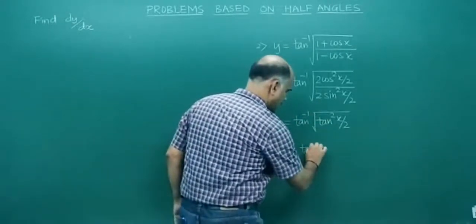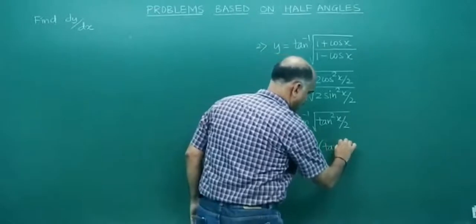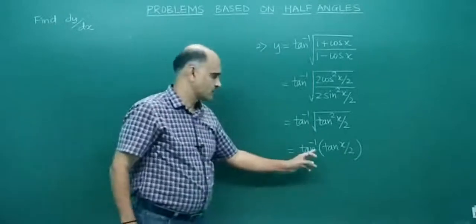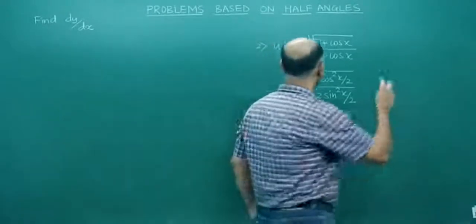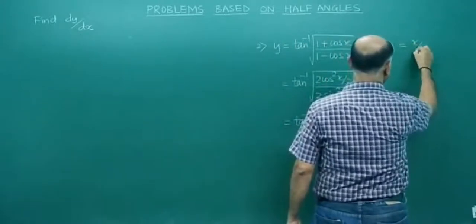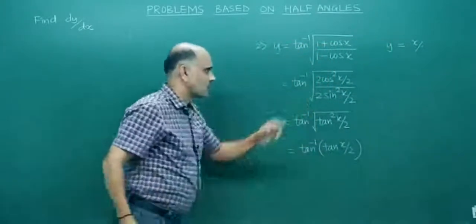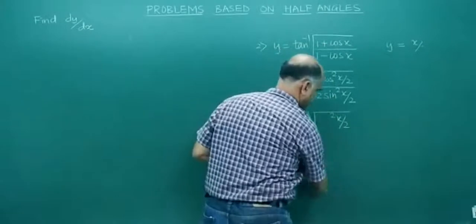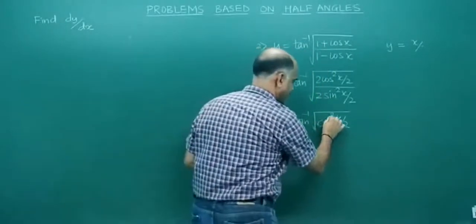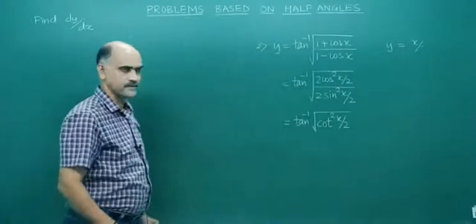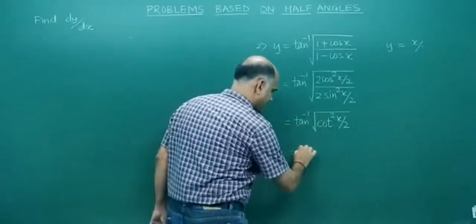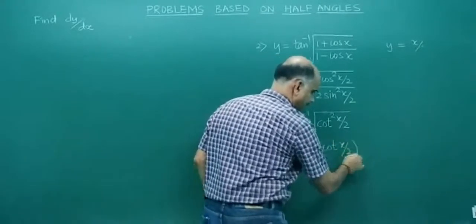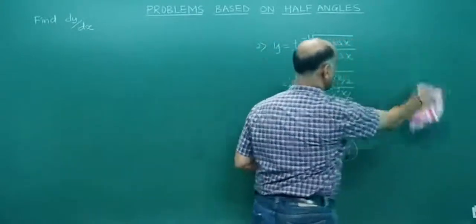You will have tan inverse of cot x by 2.